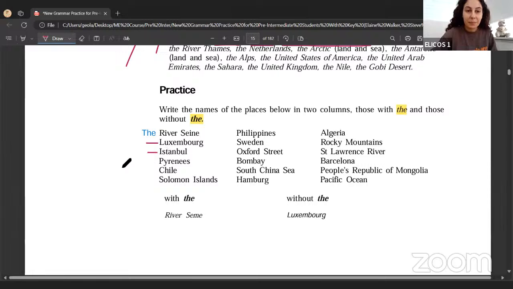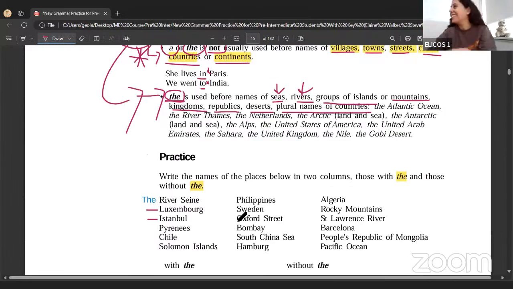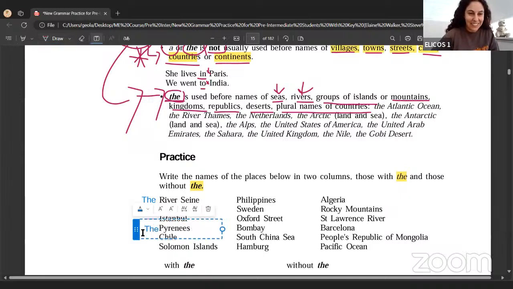Istanbul? No. Pyrenees? What fire? I don't know. Is it a mountain? Okay, I don't know. Well, let's go with the. I haven't heard of this.